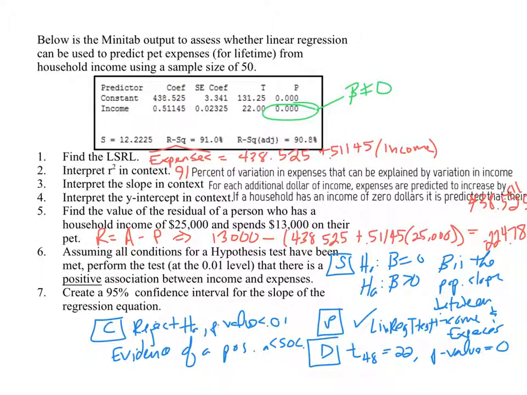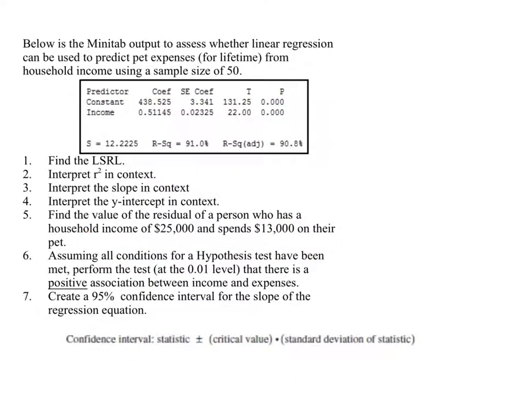All right, let's answer that last question. Create a 95% confidence interval for the slope. I want to remind you of this thing that's on your formula sheet: the basic confidence interval is the statistic we're building the interval for, so for us the slope, plus or minus the critical value, which is either t or z star, times the standard deviation of the statistic. And remember, this is given to you, right?